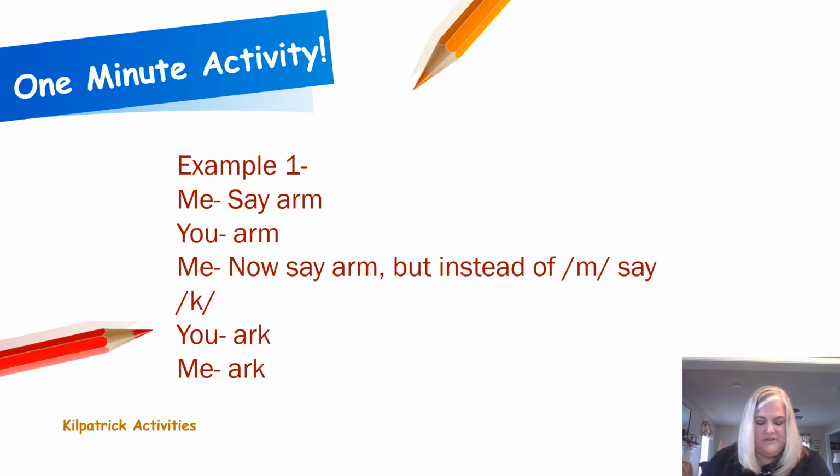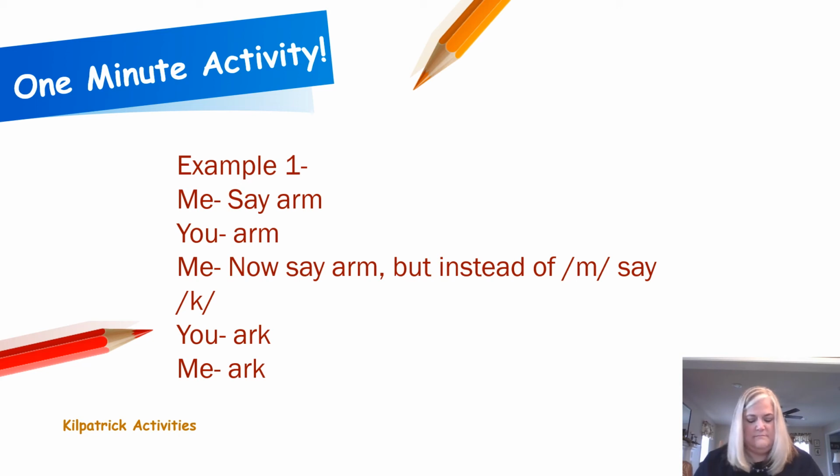Judge. Very good. Say ban. Now say ban, but instead of n, say k. Back. Say hub. Now say hub, but instead of b, say t. Hut. Say mood. Now say mood, but instead of d, say n.